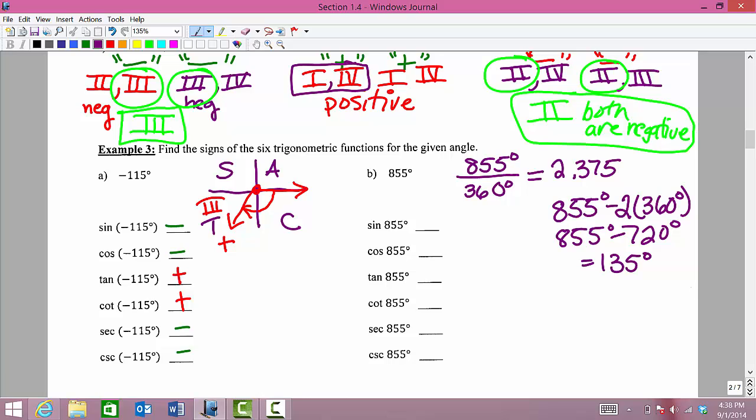So we know that 855 degrees is coterminal to 135 degrees. It's a positive angle in standard position. So we want to go 1 complete rotation, 2 complete rotations, and then 135 degrees more past those 2 complete rotations. That puts me into quadrant 2.